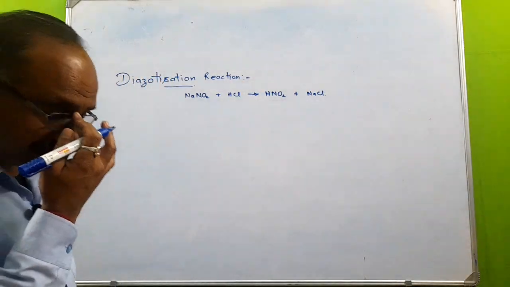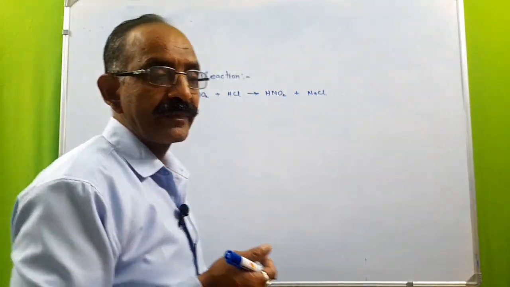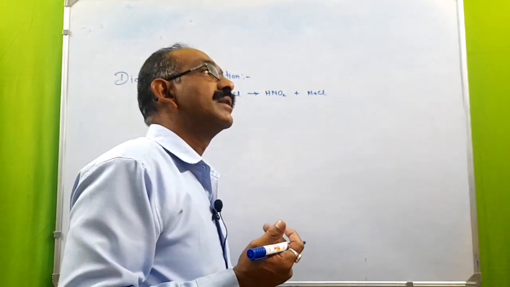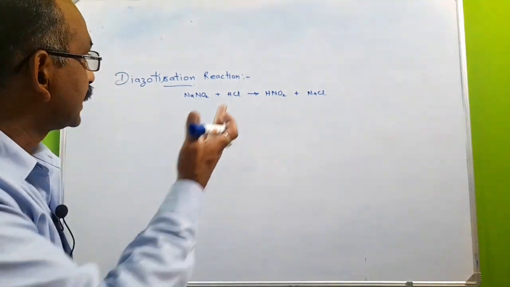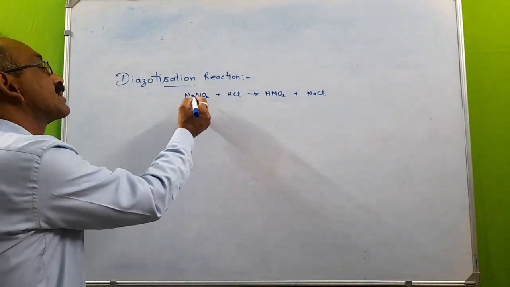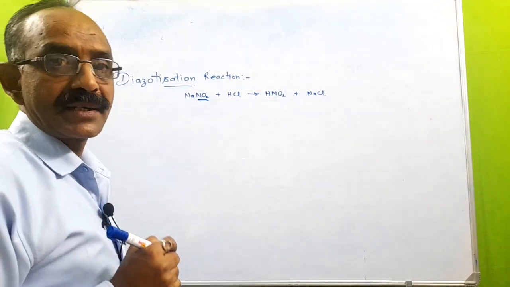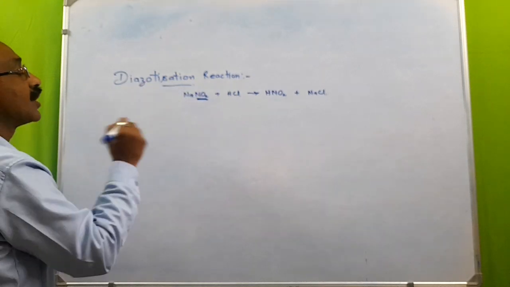Remember one point that the oxo acids of nitrogen are not very stable, and they usually form in the form of their salt. That's why nitrous acid exists in the form of the nitrite salt, sodium nitrite. So HNO2 is obtained here.